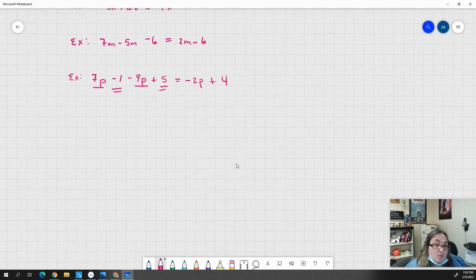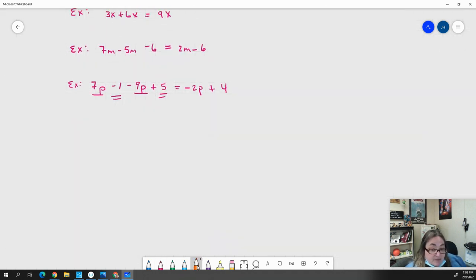Okay. When we're dealing with exponents, it doesn't really change matters much, right? If I have exponents, any base value, so if I had a base value of x and say it was squared, it could combine with anything else that is x squared. So if I have x squared plus 3x squared minus 2x squared, these all combine together.